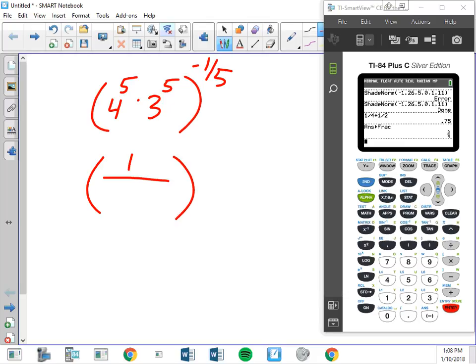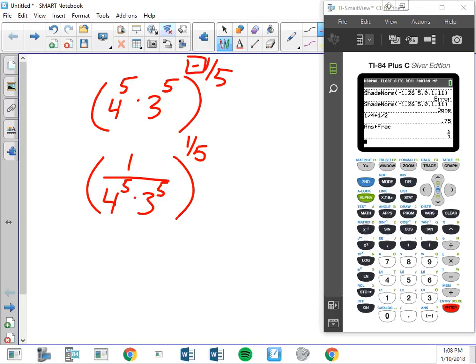So I put 1 over, what do I get when I flip it? 4 to the 5th. Should it be a negative 5? No, because I am getting rid of this negative, and you can only get rid of one at a time. So 1 over 4 to the 5th times 3 to the 5th raised to the 1/5.